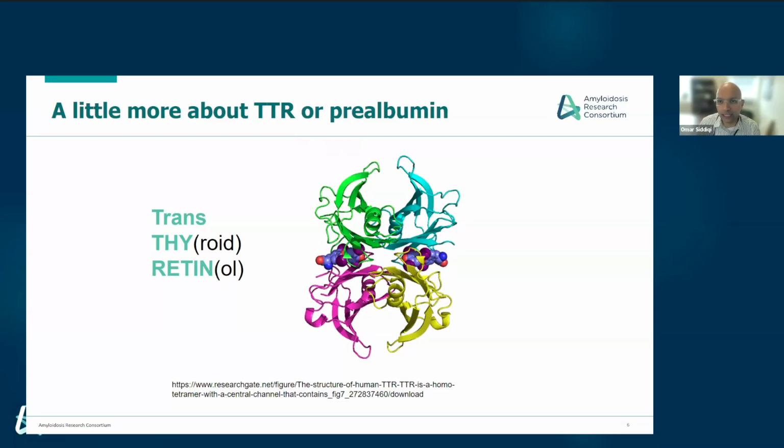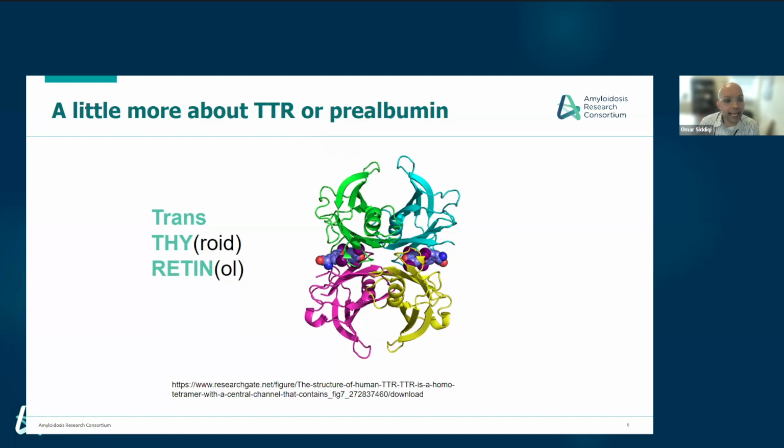So trans is transport, thy is thyroid hormone, so it's a transporter for thyroid hormone, and retin is retinol. So transthyretin is a transport protein for thyroid hormone and retinol, which is vitamin A. Vitamin A helps you see in the dark, and it's helpful for normal functioning of the eyes.